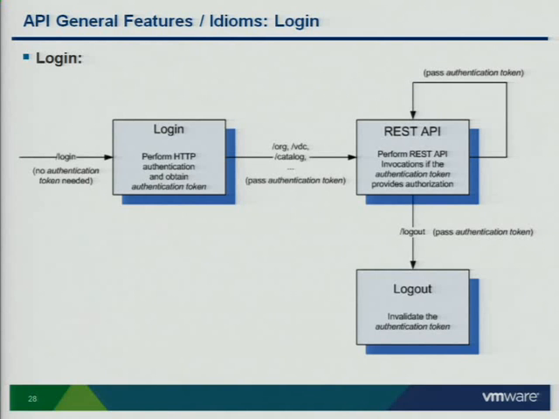We designed this that way because currently we support only basic HTTP authorization, but in the future we may support other ways like digest or client certificates, and we don't want to change the way you're using the API. What will change is only the entry point, the login. But once you retrieve this authentication token, it doesn't matter how you authenticated to the system.